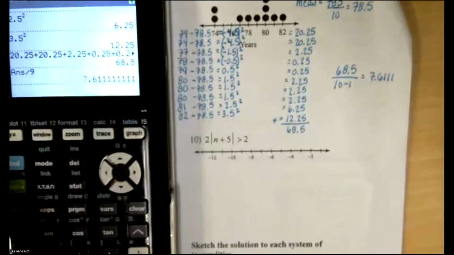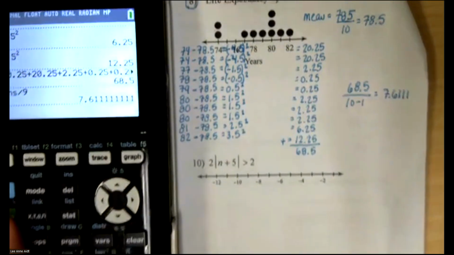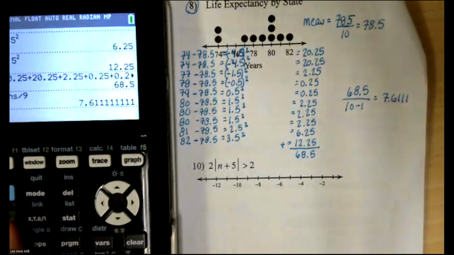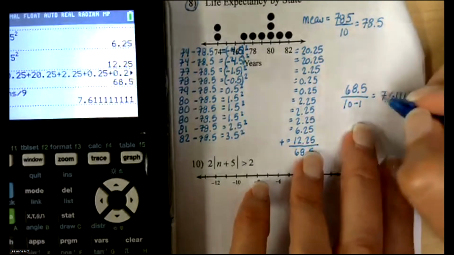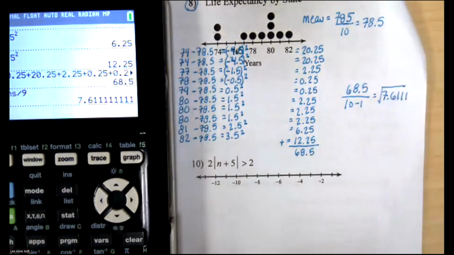Notice in the calculator, I just did divided by 9. And then last step is square root.